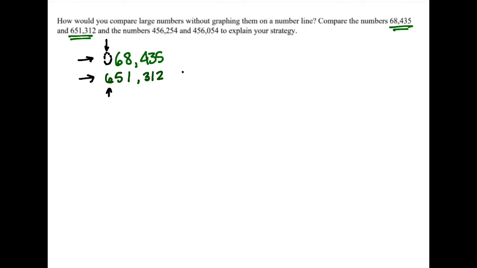Okay, so that means the bottom number is bigger. Okay, so how would we write that? Because they use that number first, the 68,000 number, I'm going to put it first. And then I'm going to put the 651,312 second. And we know the 651,000 number is bigger. We just figured that out.